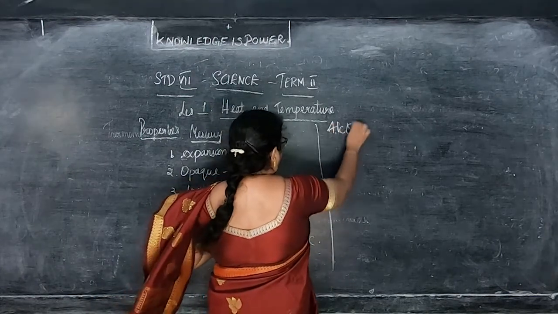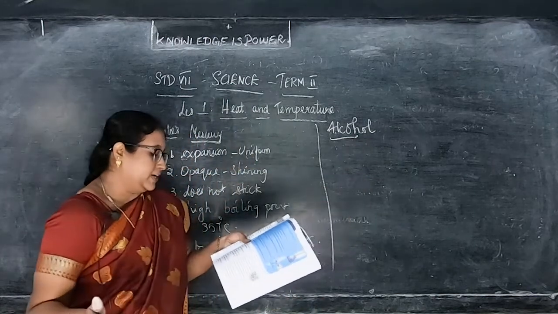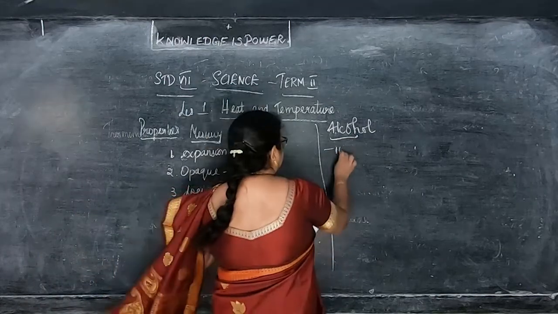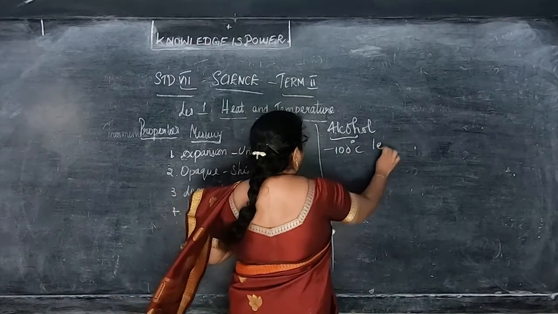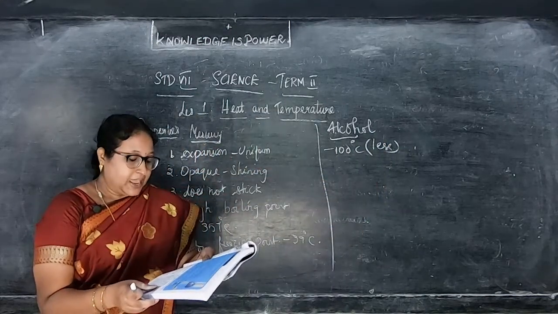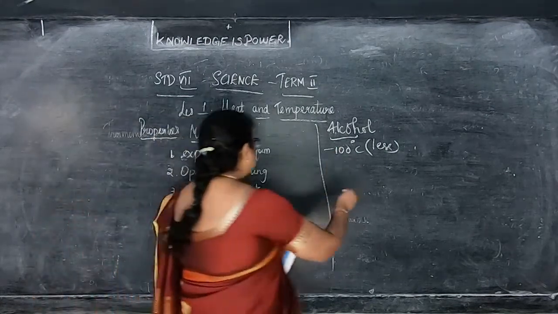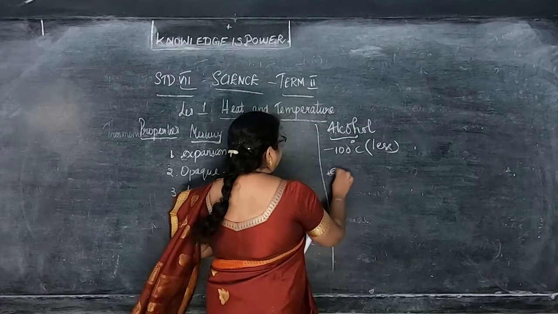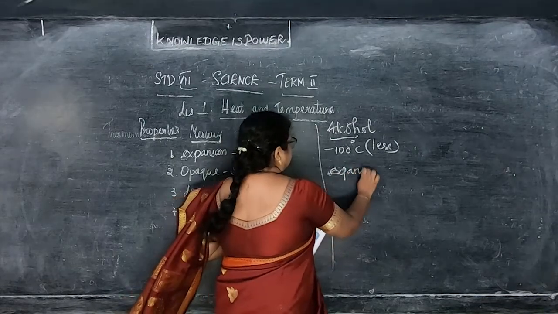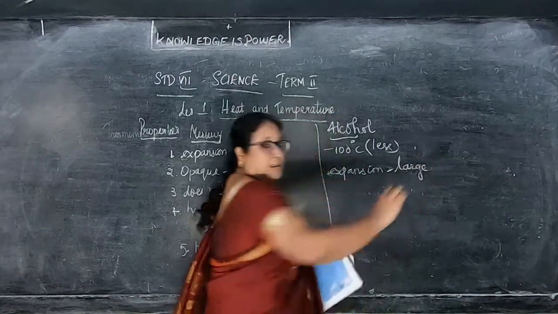Properties of alcohol. Okay, if you see alcohol, the freezing point is less than minus 100 degrees Celsius. Its expansion per degree Celsius rise in temperature is very large.